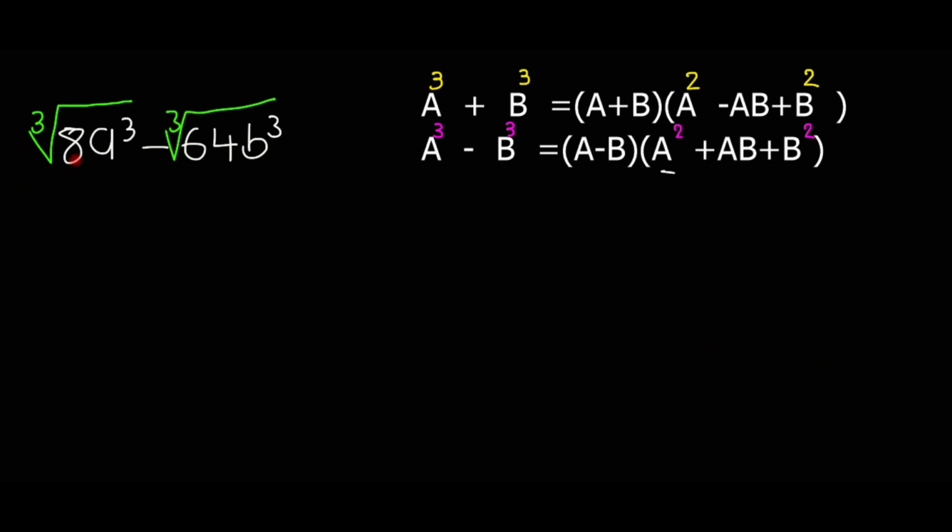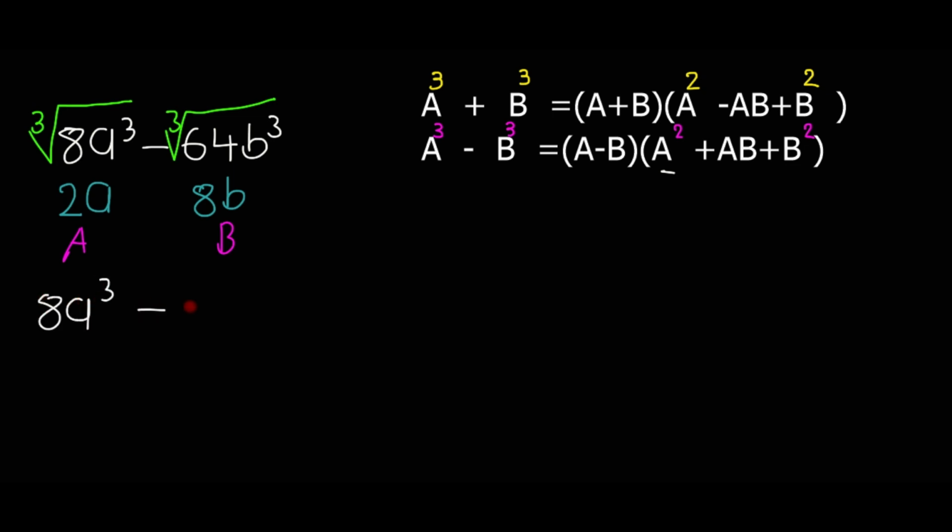So cube root ya 8 erfa 2, and then cube root ya a cube erfa a, and then ya 64 erfa 8, and then this one erfa b. So this is our a and then this is our b. So from there re ka kgona shumisha our formula.